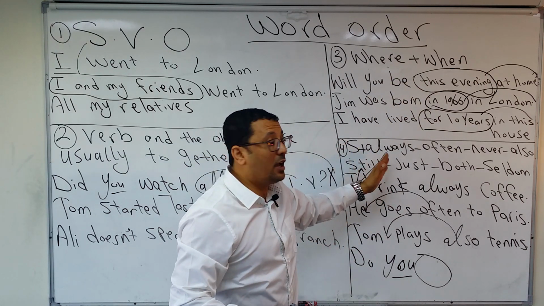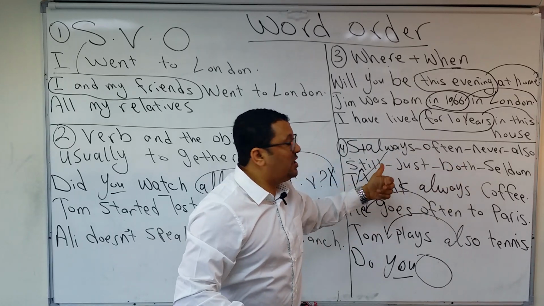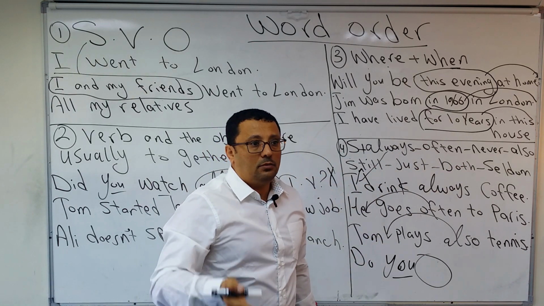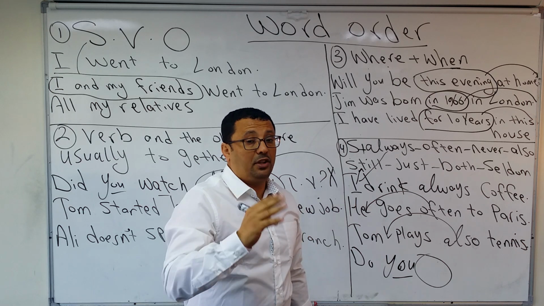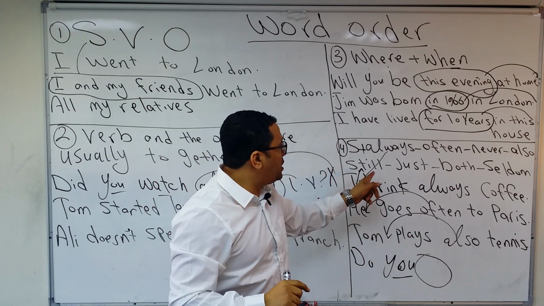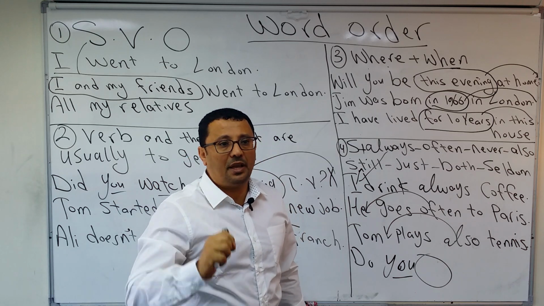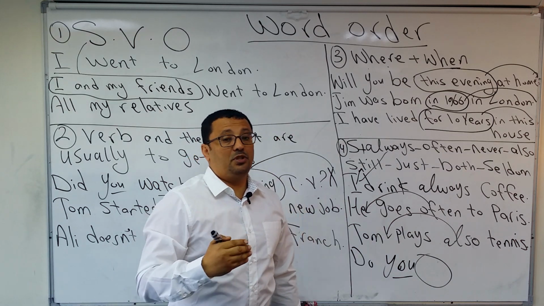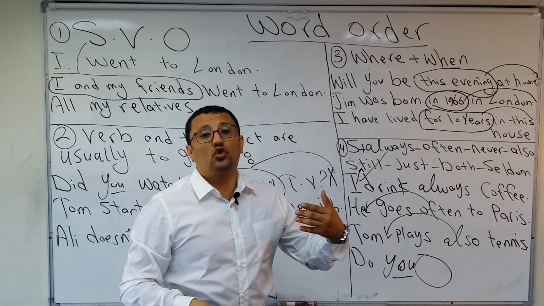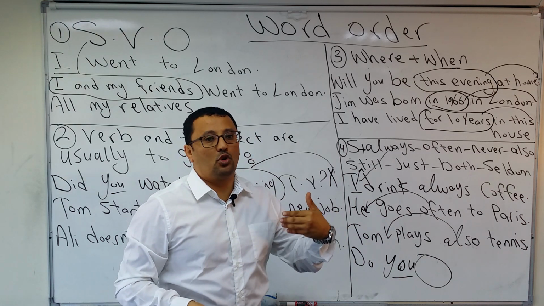Words like always, often, never, also always come after the subject, not after the verb. Pay attention to that in a sentence or question or even negative. There is an exception here: the word sometimes. You can start with sometimes before the subject. Only sometimes. So you can say sometimes I go to school or I sometimes go to school.